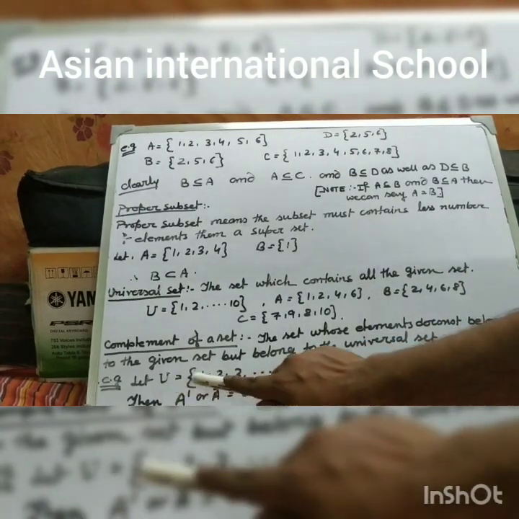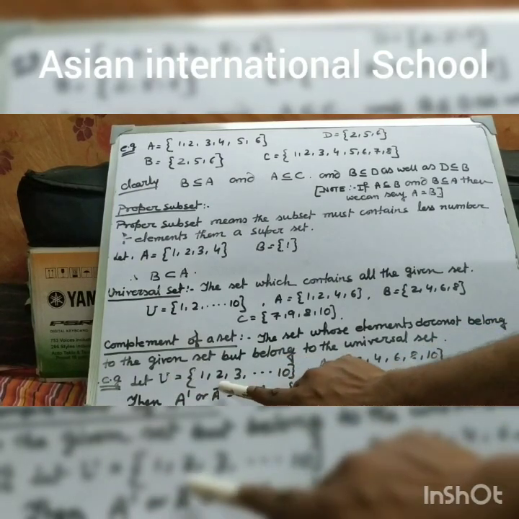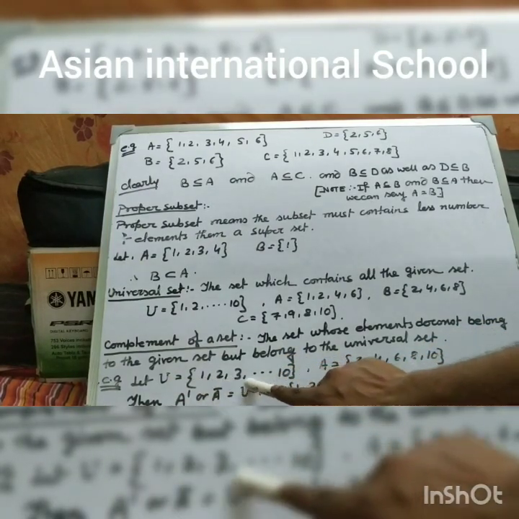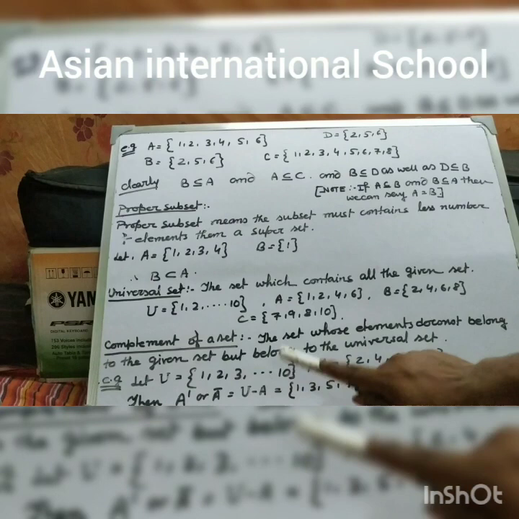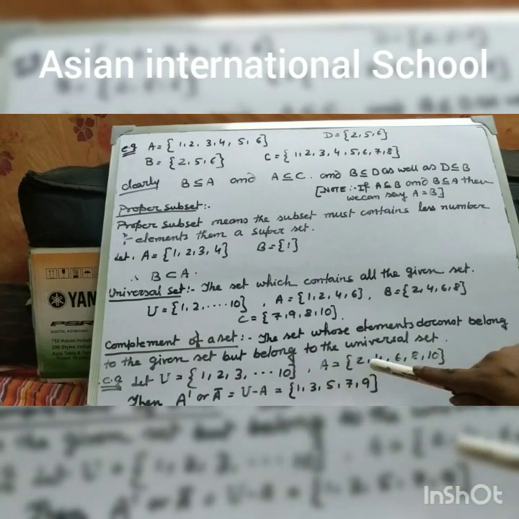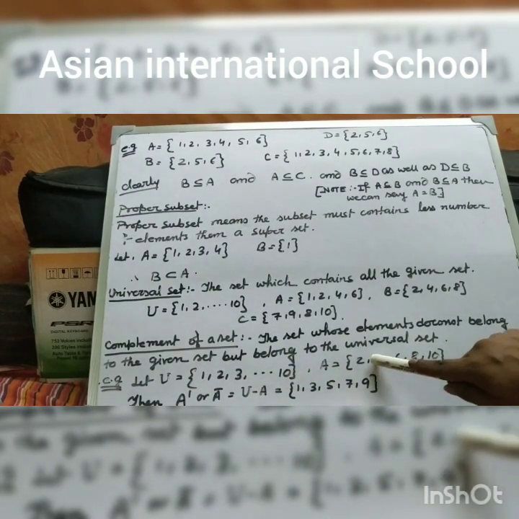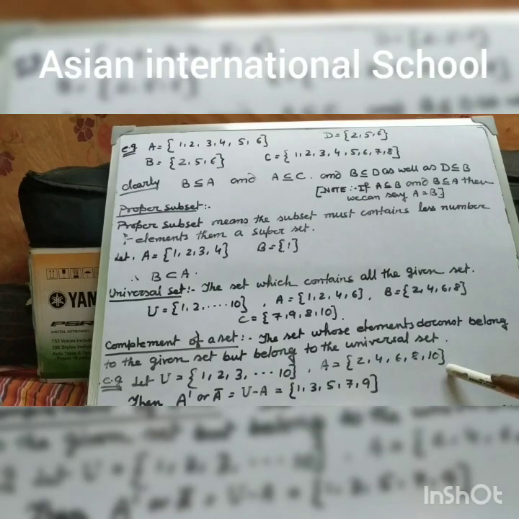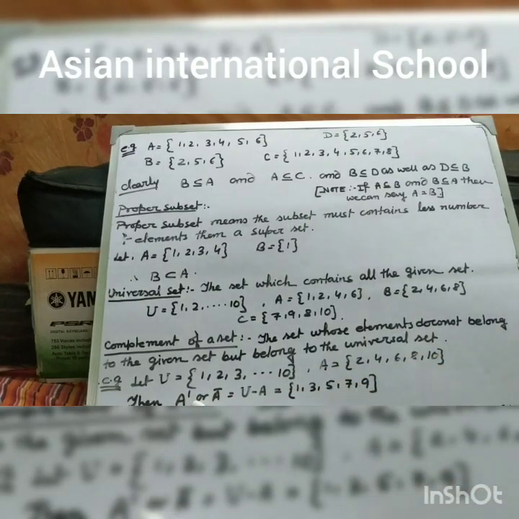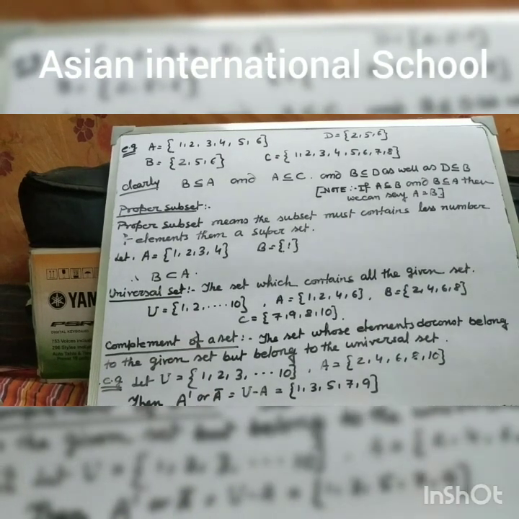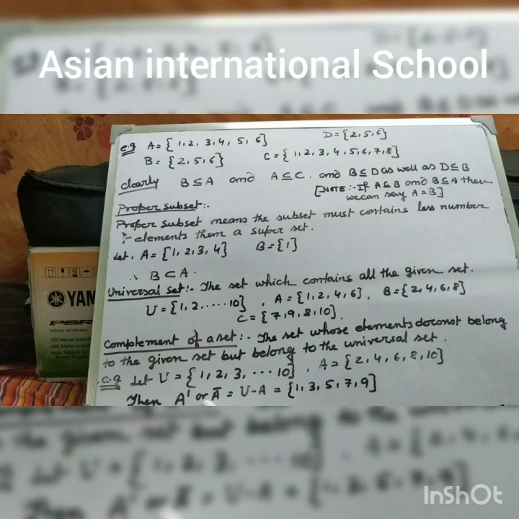For example, suppose U, I am defining that 1, 2, 3 dot dot dot up to 10, and A is the set 2, 4, 6, 8, 10. Then A dash is called the complement of A, or A bar. The two different symbols we can use, that is A dash or A bar.